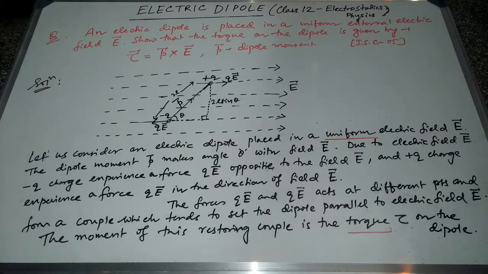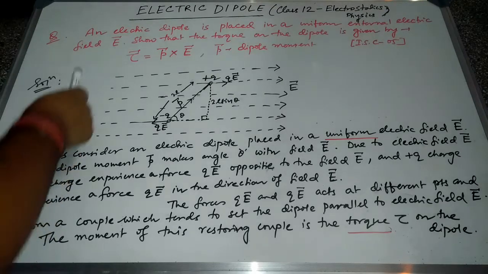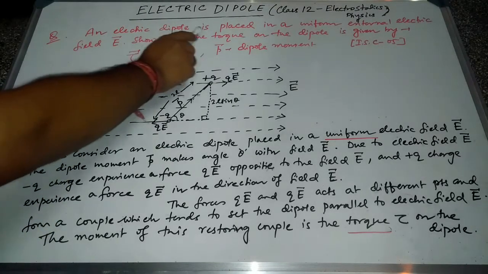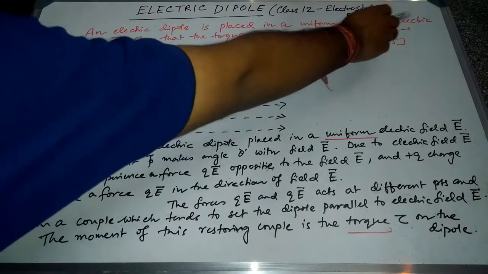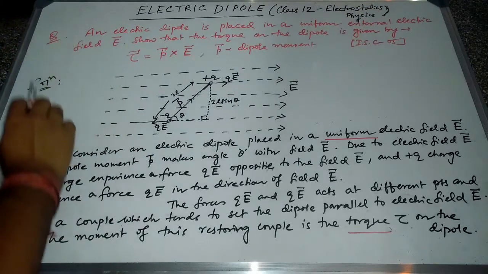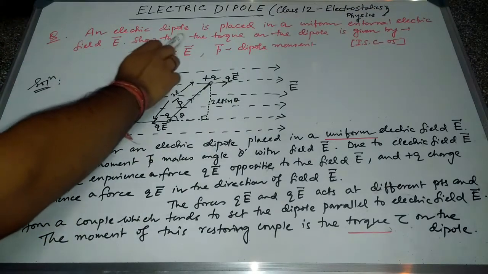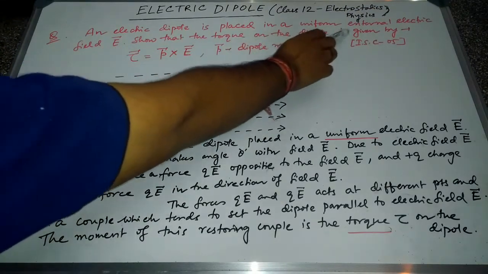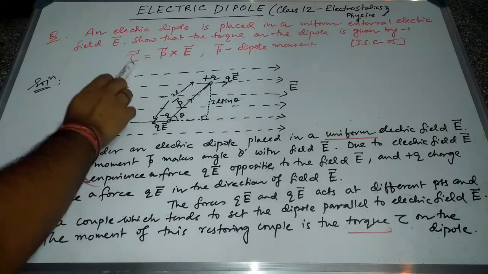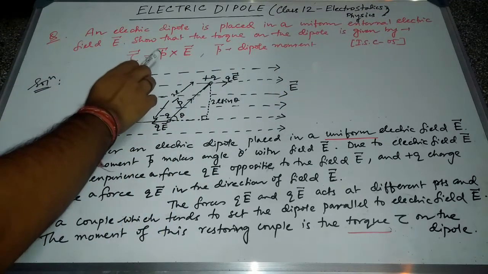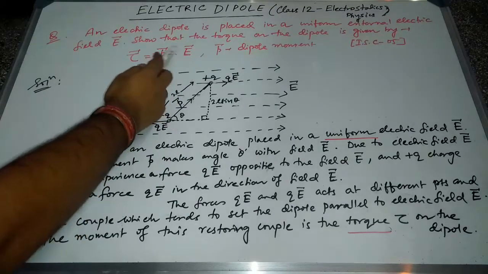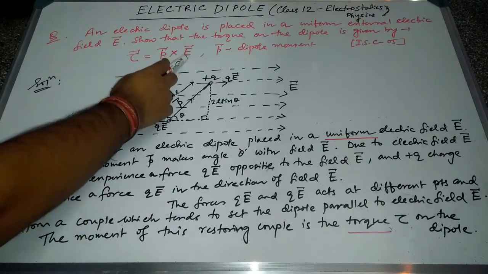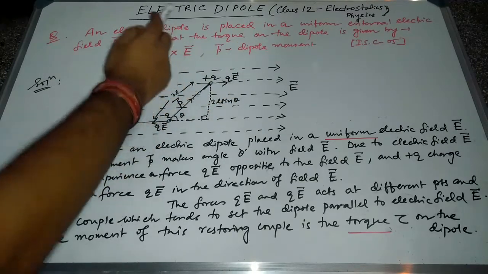The question is, an electric dipole is placed in a uniform external electric field E. Show that the torque on the dipole is given by tau vector equals p vector cross E vector. This is a vector cross product of the dipole moment and the electric field.